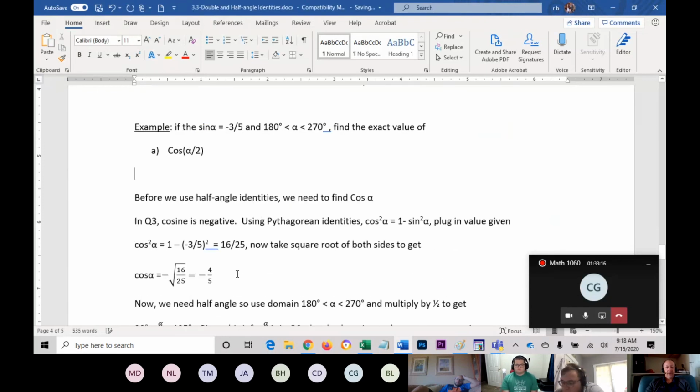Oh, I forgot to square that. So if you do that, you're going to end up with the negative square root of 16 over 25, which is negative 4/5.